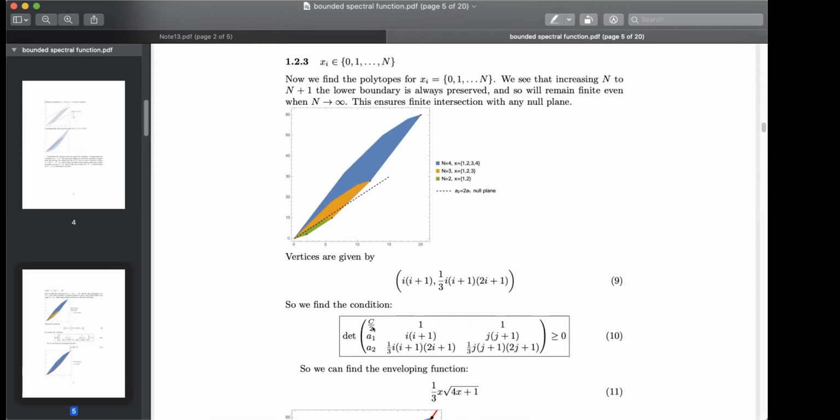And by the way, this is not the usual polytope, because this is just A1, A2 space.